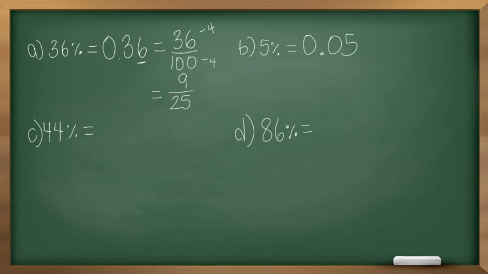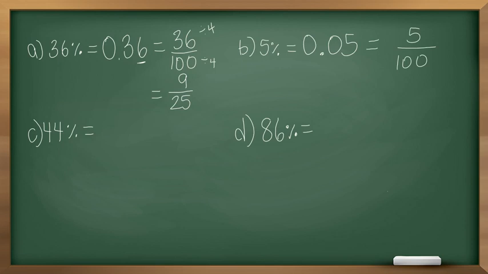Be careful there, because sometimes people write 0.5, which would not be correct. I have 5%, that means I have 5 in the hundredths place, so I have 0.05 for my decimal. And then I need to turn it into a fraction. So again, it's in the hundredths place, means I can write it as a fraction out of 100. So I have the fraction 5 hundredths.